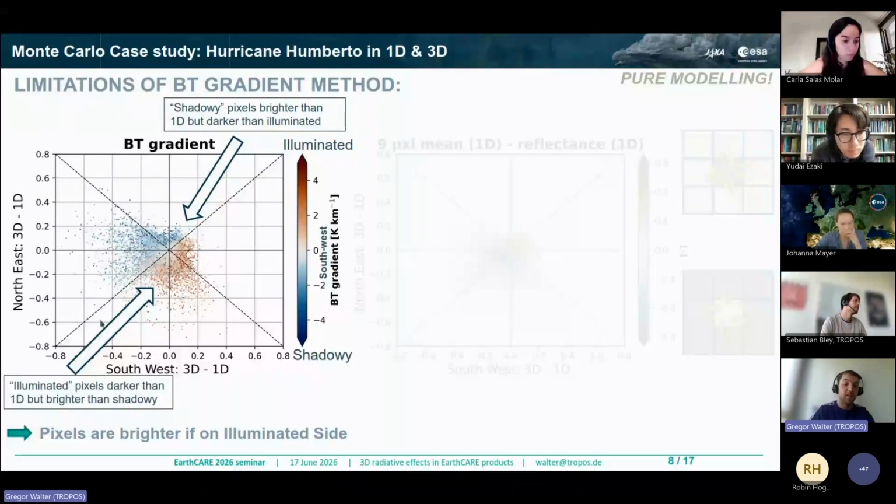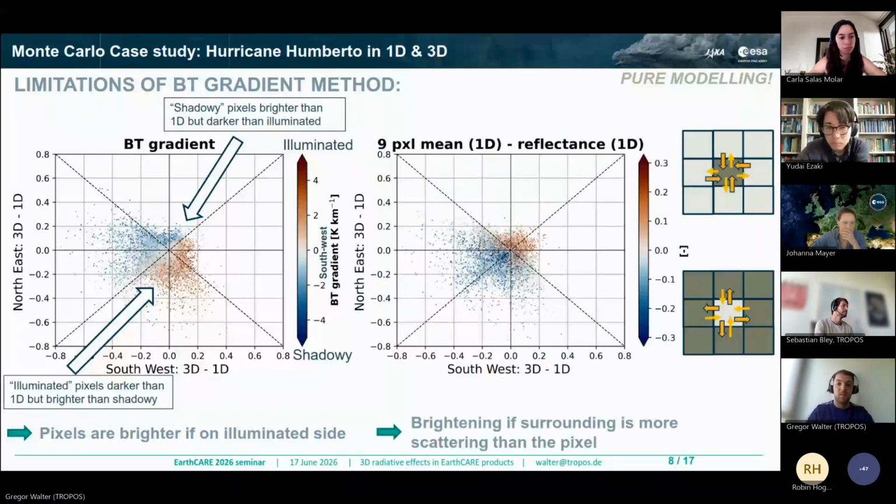But what it can explain is that for almost all pixels, it is still brighter than it would have been if it's on the shadowy side from the northeast version. So even if it's negative, it's still brighter than it would be if it's on the shadowy side.